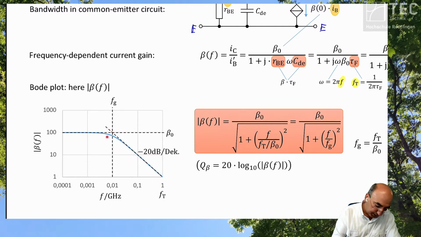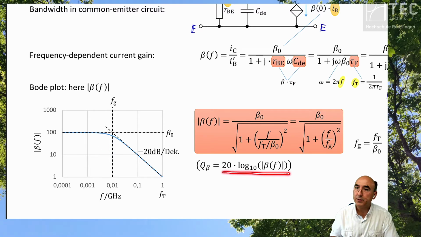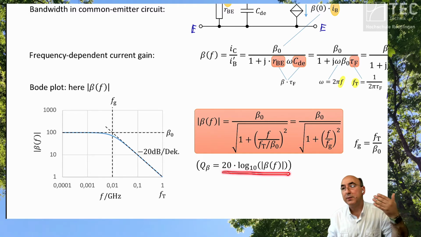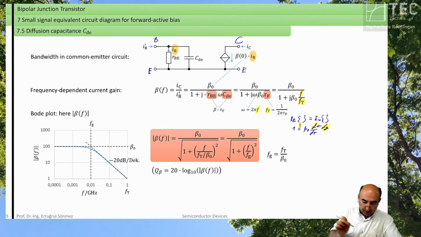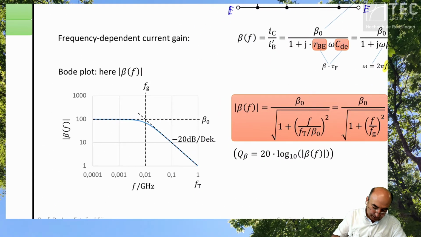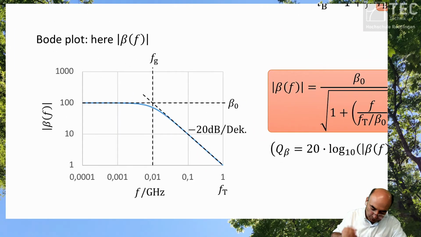It is a factor of 10, but a factor of 10 using this equation is 20 dB. So that means, to be clear, I give you an example. One moment.